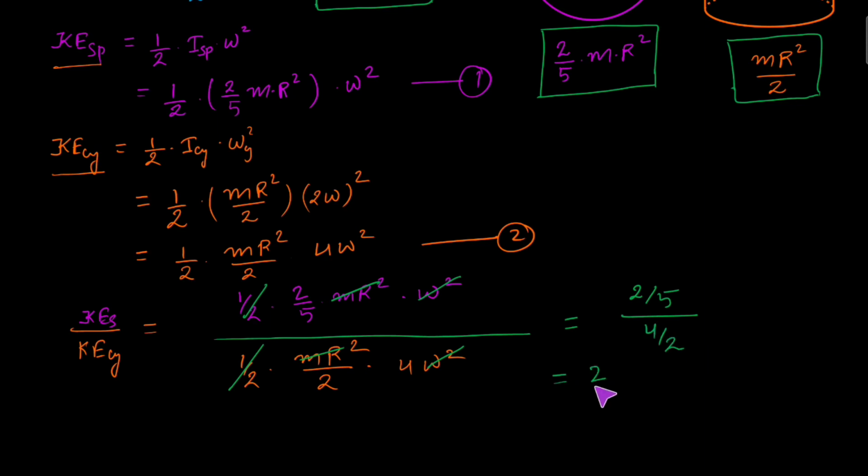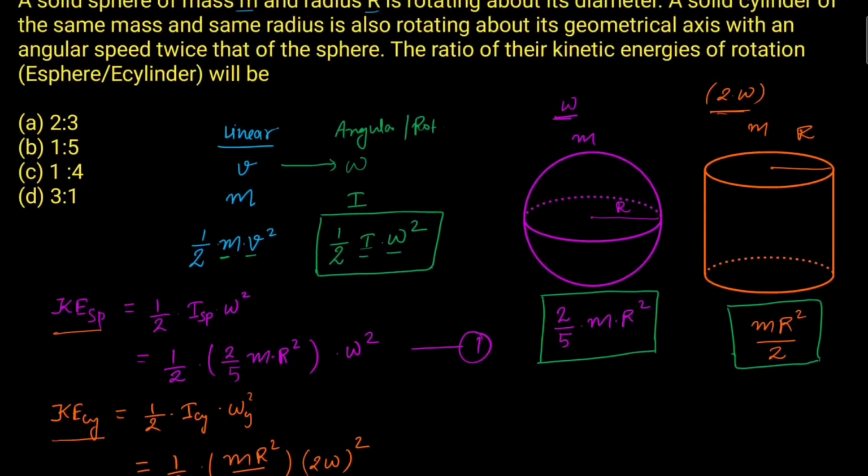So this would be equal to 2 by 5 into 2 by 4. This 2 and 2 make 4, and this 4 cancels, so this would be equal to 1 upon 5. So the ratio of kinetic energy of sphere to cylinder is 1 upon 5. If we match our answer with the options given, option number B would be the correct one.